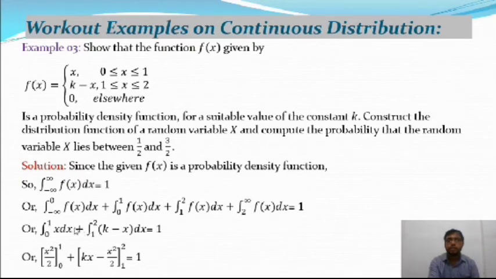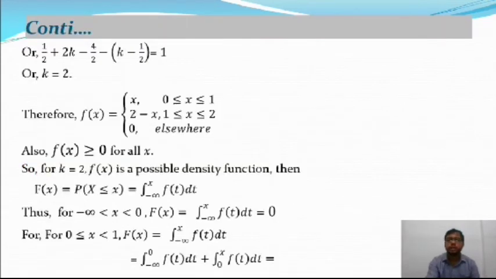From this, the integration of x is x squared by 2, where the upper limit is 1 and the lower limit is 0, and the integration of k minus x gives kx minus x squared by 2, where the upper limit is 2 and the lower limit is 1, and this equals 1. After putting in the upper and lower limits, we get the value of k, and k is equal to 2.